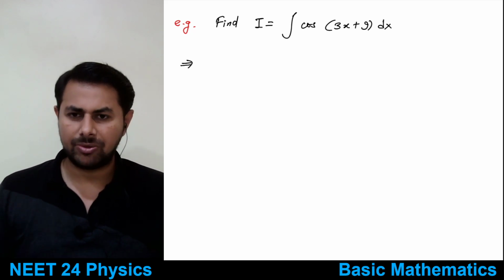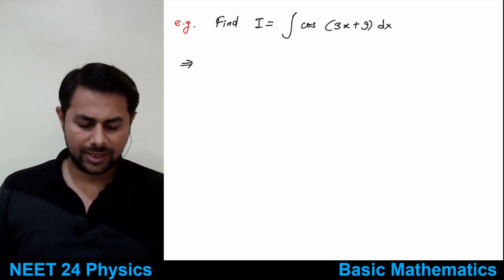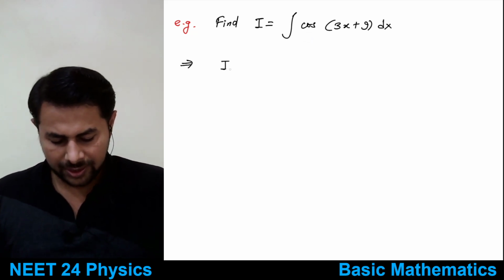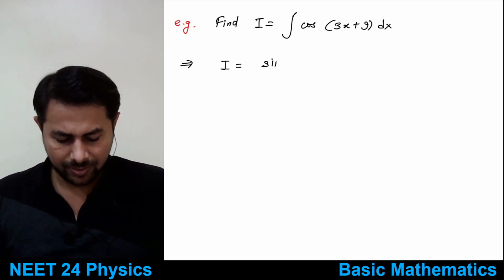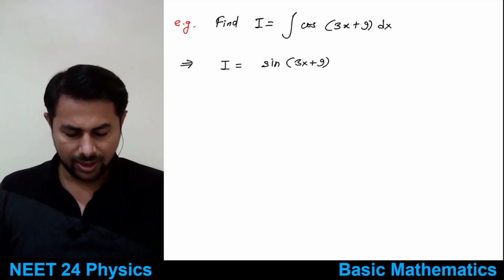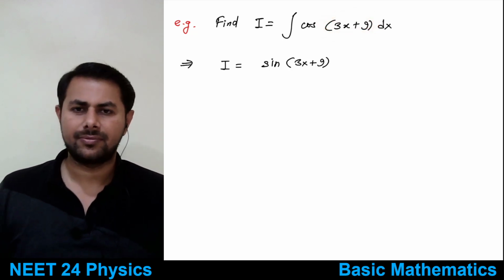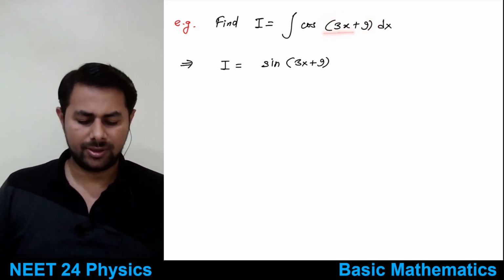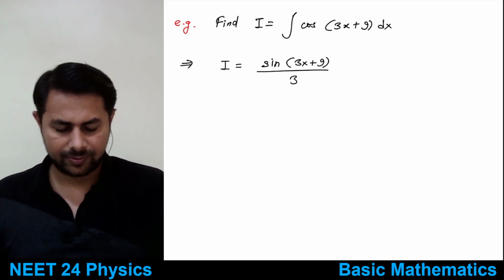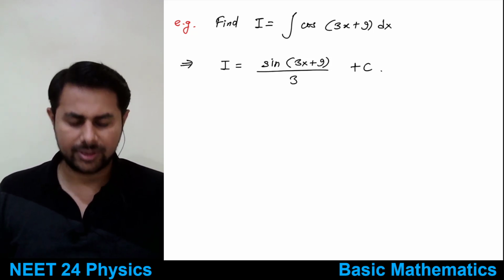Cos is the derivative of sine, so integration of cos will give you sine. So the integration will be sine of 3x plus 9, but then you have to divide by the derivative of this bracket, that is 3, and there will be some constant.